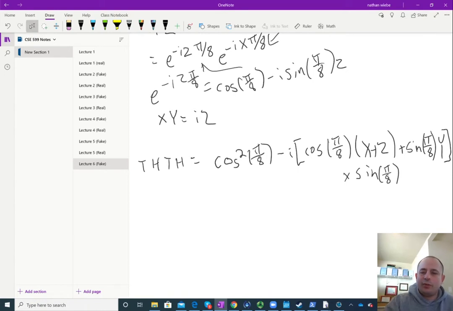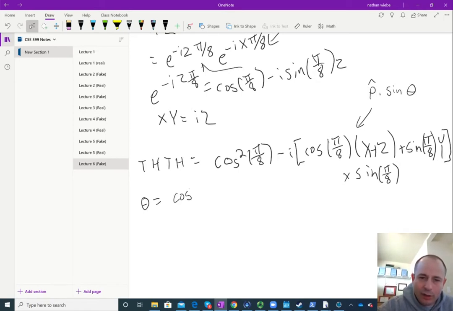Now, it turns out that we can recognize that this over here actually is of the form P over here times sine theta, where theta in this case is equal to the arc cosine of cosine squared of pi by 8.